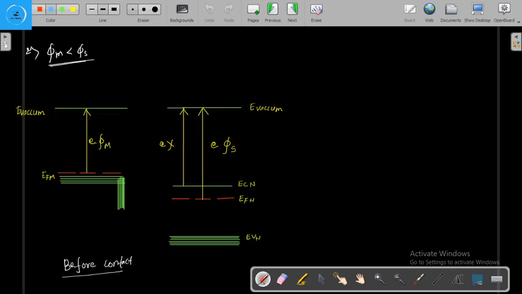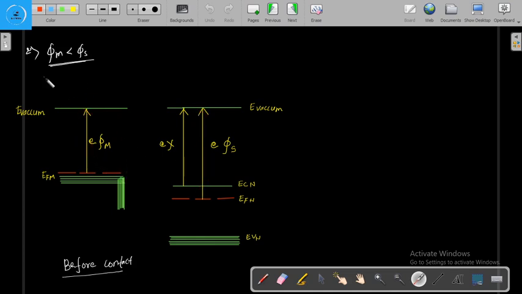Now let us see what happens when the work function of the semiconductor is greater than that of the metal. Here, this is the work function of the semiconductor, and it is greater than the work function of the metal.